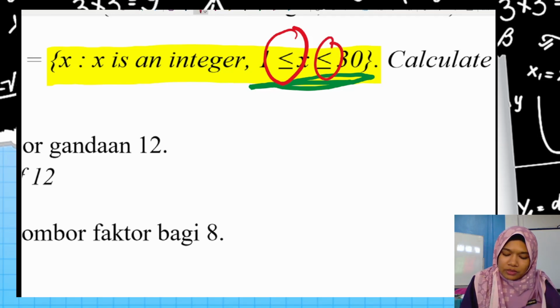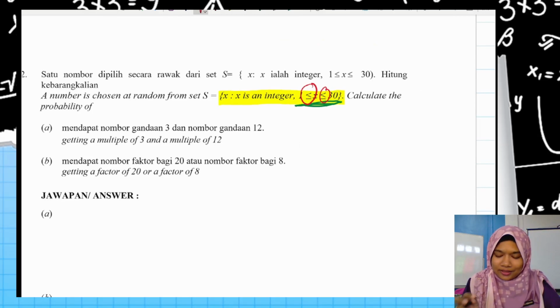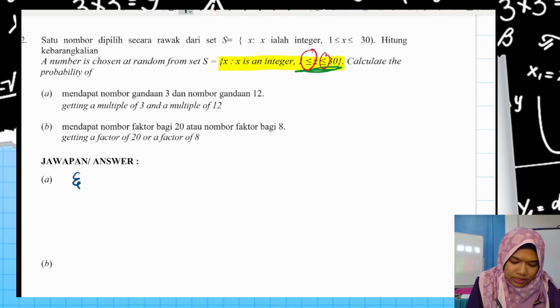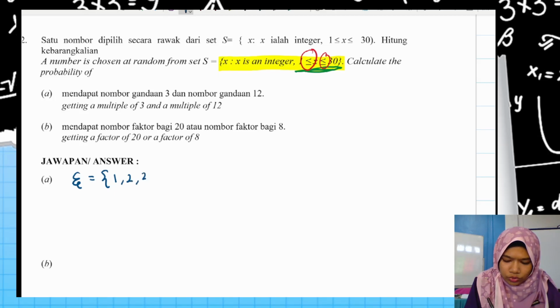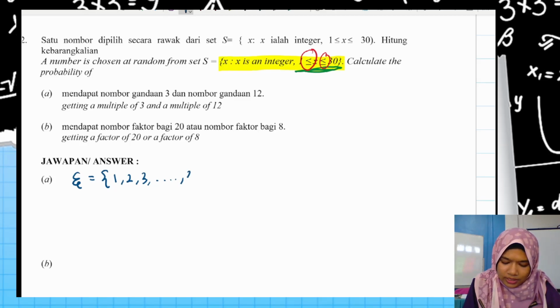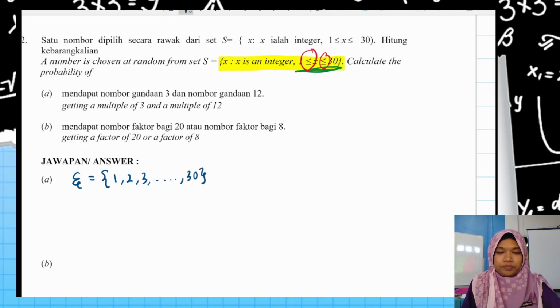So the universal set, I write here, the universal set is 1, 2, 3. Sampailah awak kena list out semua sampailah 30. This is the universal set, because the set S has 1 to 30.